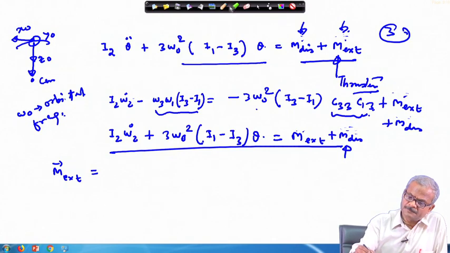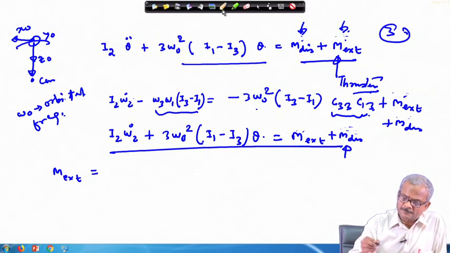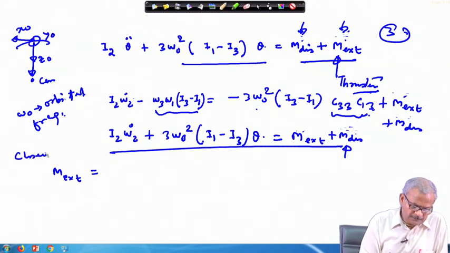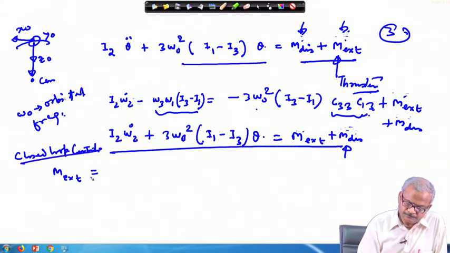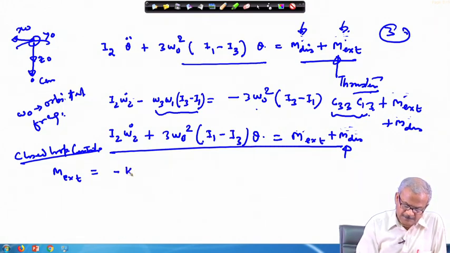So, m external then becomes, for the closed loop control, we can put this as minus k p times theta minus k v times theta dot.